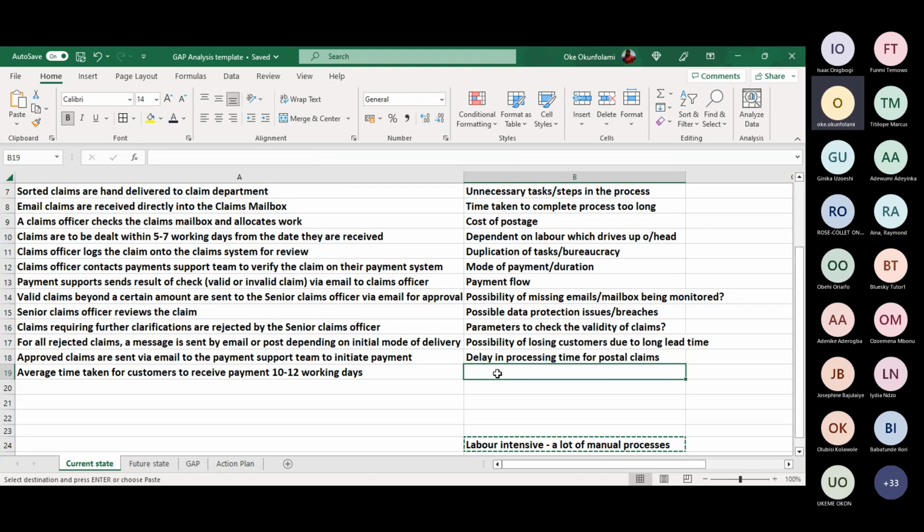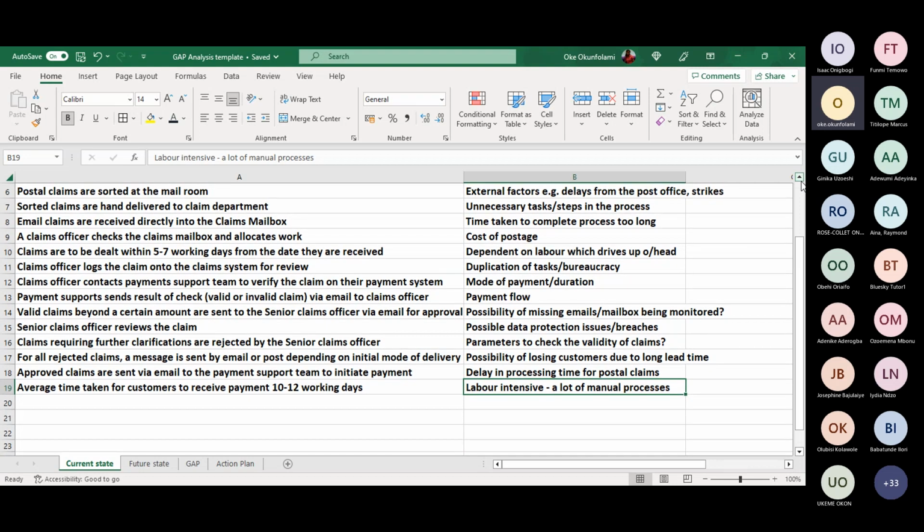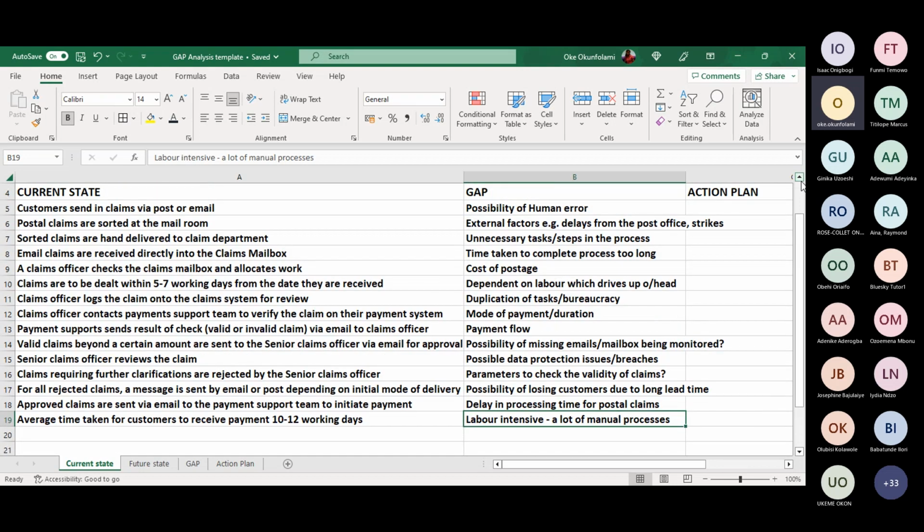Okay, so we've pretty much covered it. I don't think this is a comprehensive list, but for an exercise of half an hour, I think we have done really well. These are the things that we've identified.